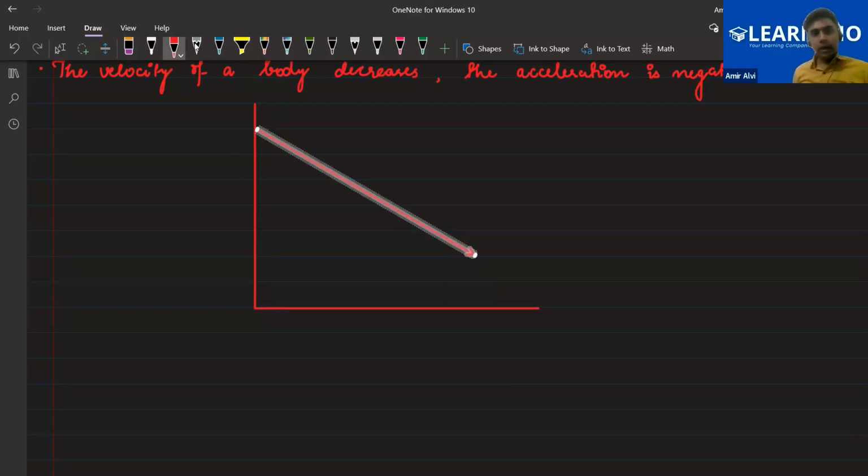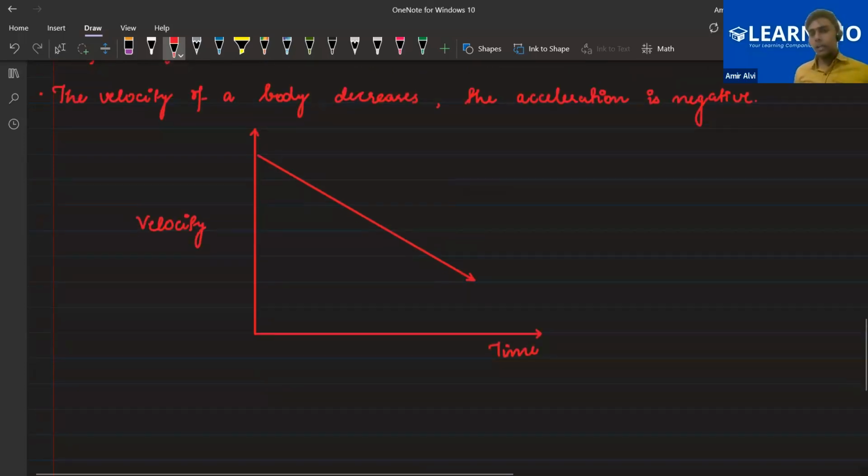So that's why it is a negative acceleration. This is about negative acceleration, or retardation.